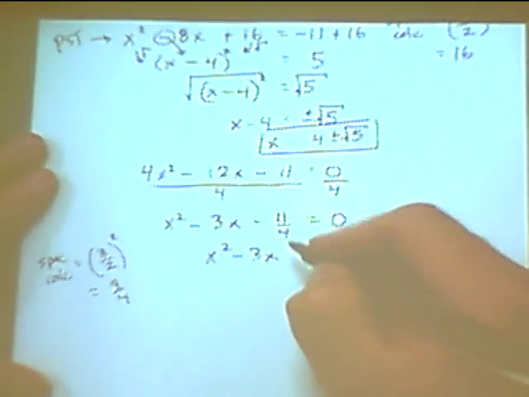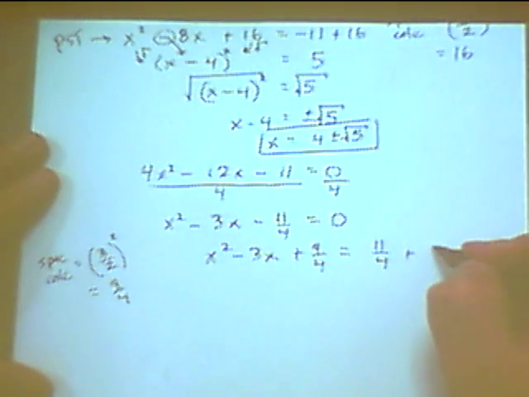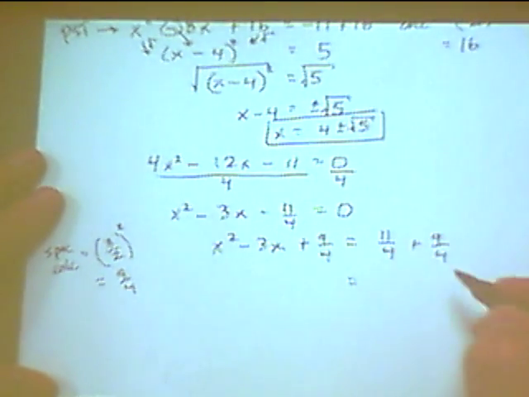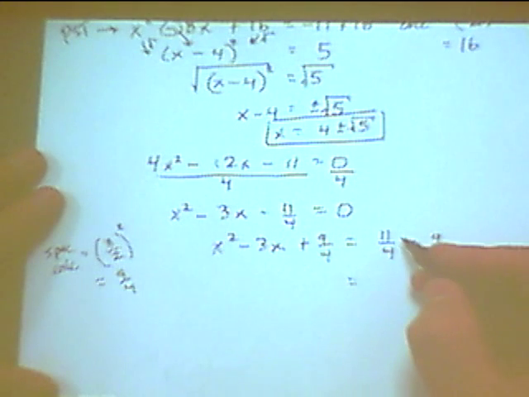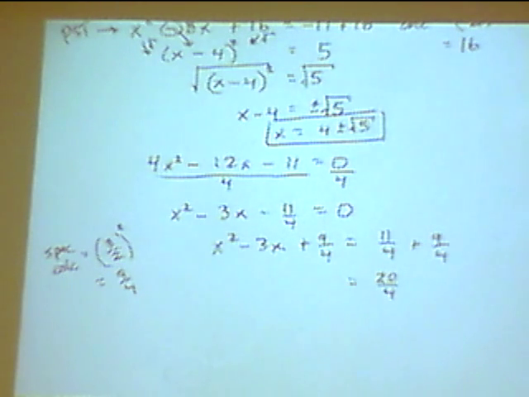So I'm going to add 9/4 to both sides of the equation. On the right hand side, at least I have the same denominator: 11 plus 9 is 20 over 4, which of course is 5. I'll write that in a minute.